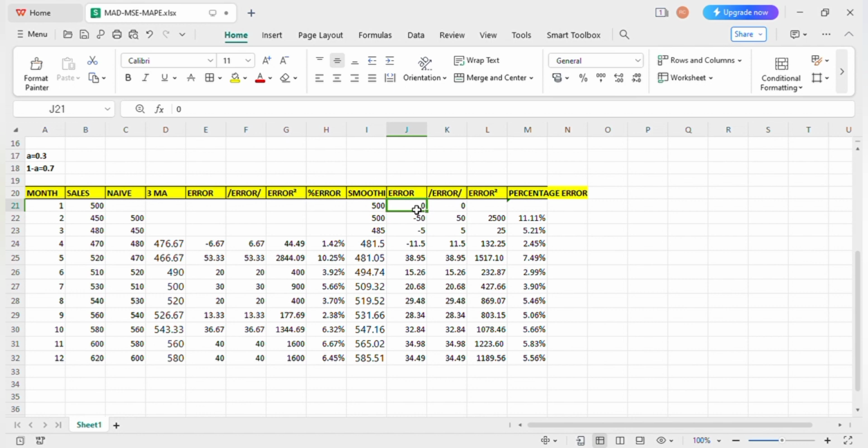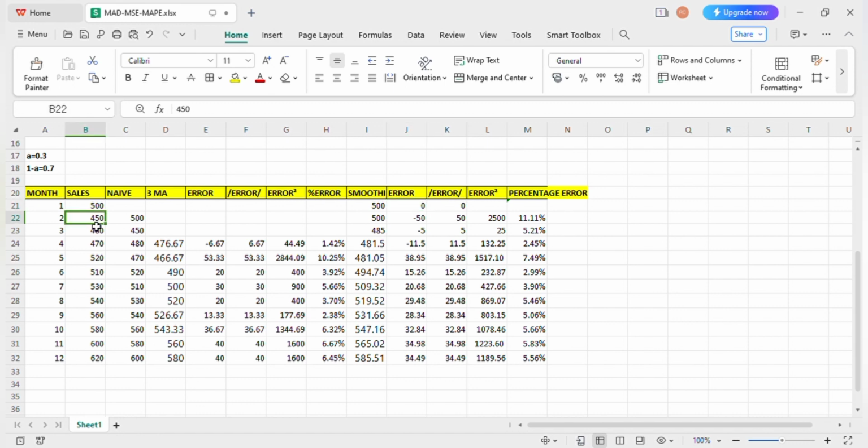So for the error, we only subtract the actual sales from the forecasted sales in exponential smoothing. And 500 minus 500 is equal to 0.